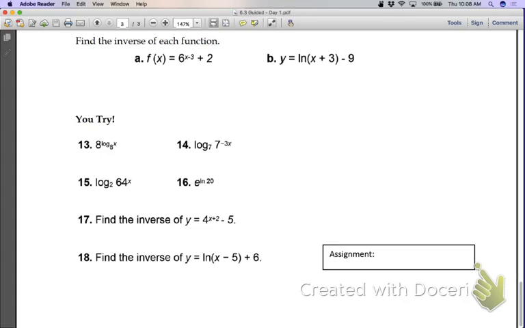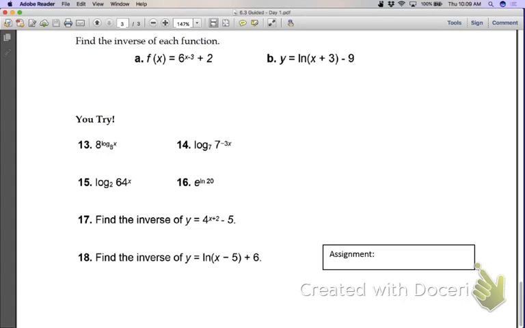Now the last thing. This was one of the questions you had at the beginning, as far as finding the inverse of a function. You do everything the same way just like we did with an inverse before. So if I had f of x equal to 6 to the x minus 3 power plus 2.